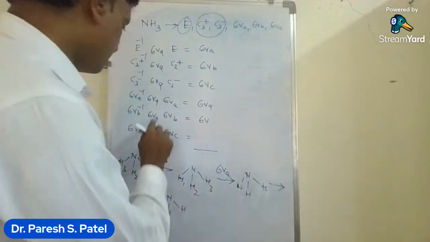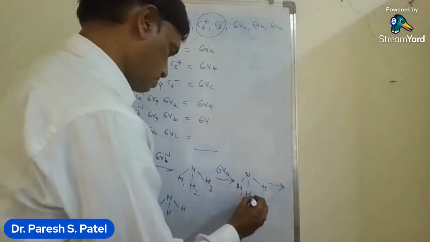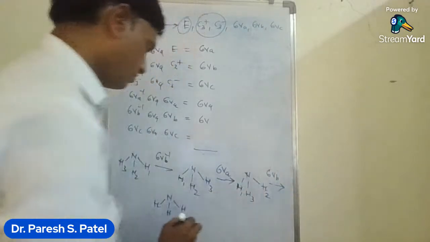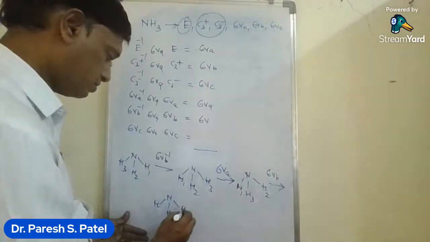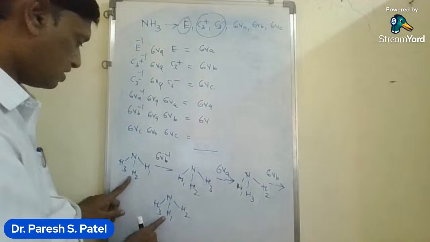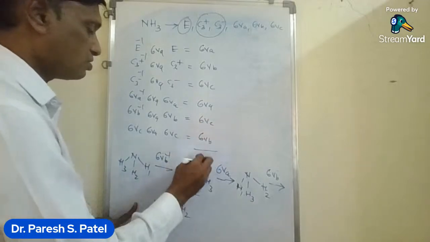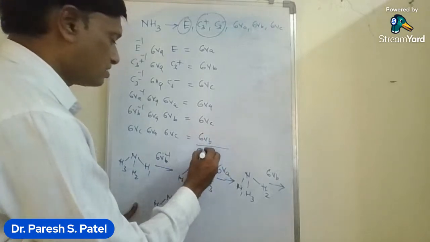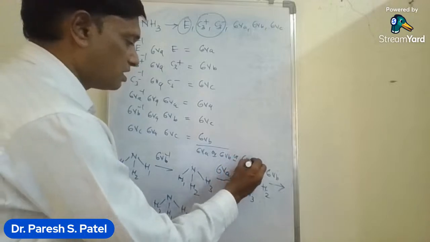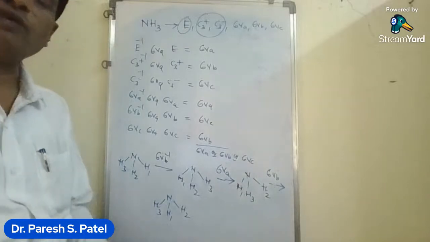Then sigma vA, 3 and 2, and again sigma vB. Then 2 remains as it is, and 1 and 3 interchange. Here this is nothing but sigma vC, and this is sigma vB. So the overall result may be sigma vA, sigma vB, or sigma vC. That means sigma vA, sigma vB, sigma vC are conjugate to one another and form a combined class.